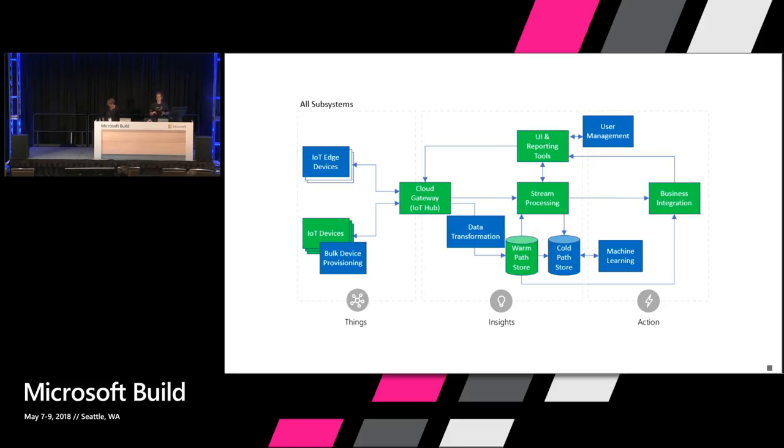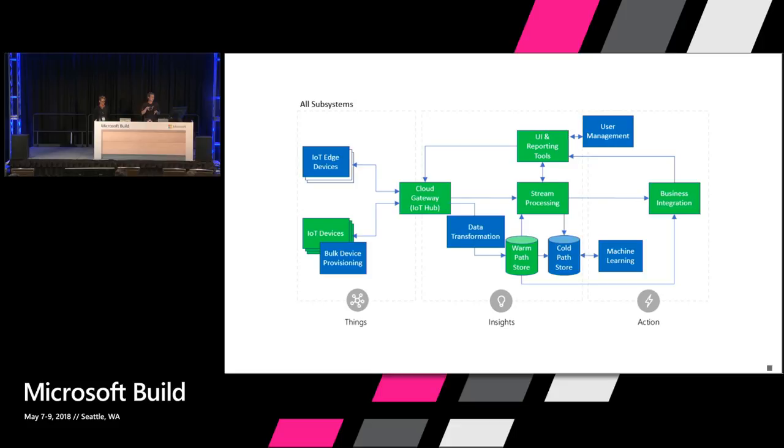Data transformation is next. Data transformation is kind of funny, because by data transformation, what I mean is I'm sending telemetry data, and say it's in a very deep hierarchy, and before I stream process it or before I store it, I want to flatten it. That's it. It could be much more complex than this, but that's a simple, practical example that I've seen a few times.